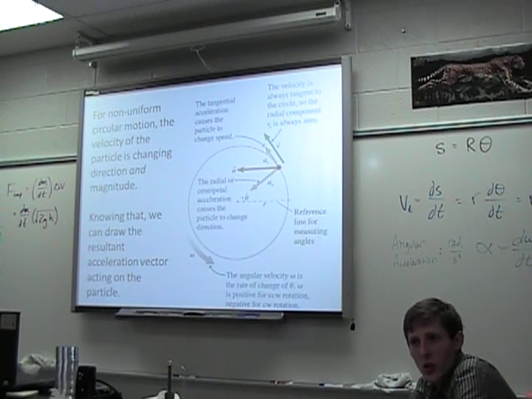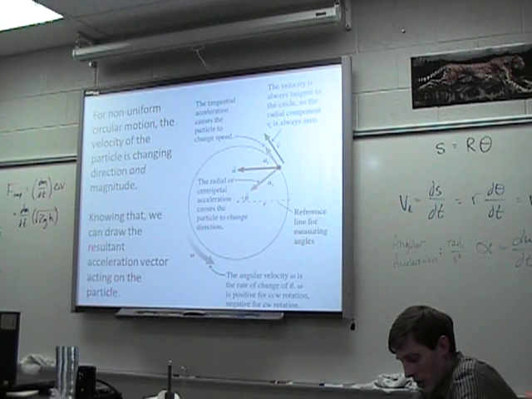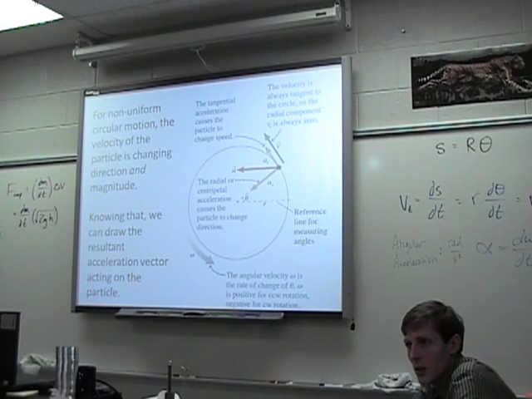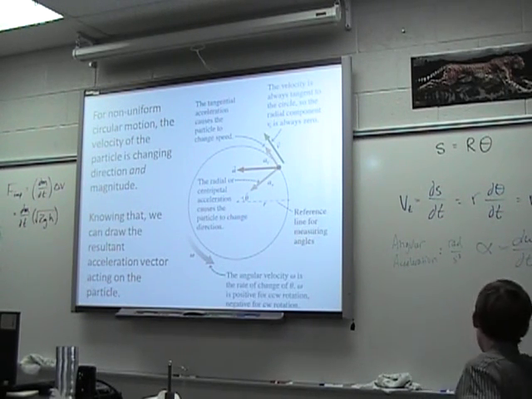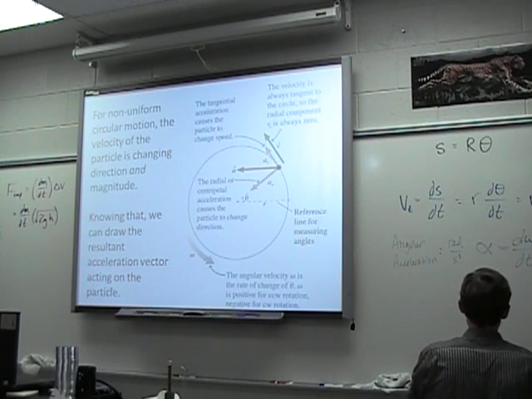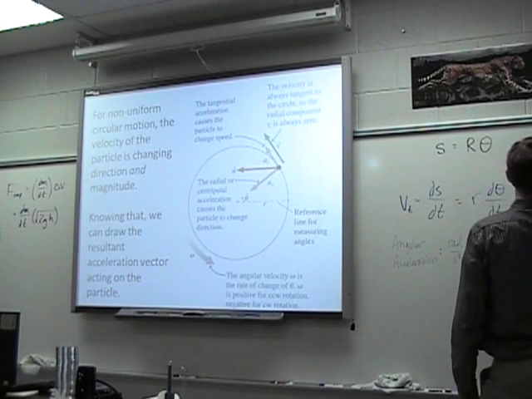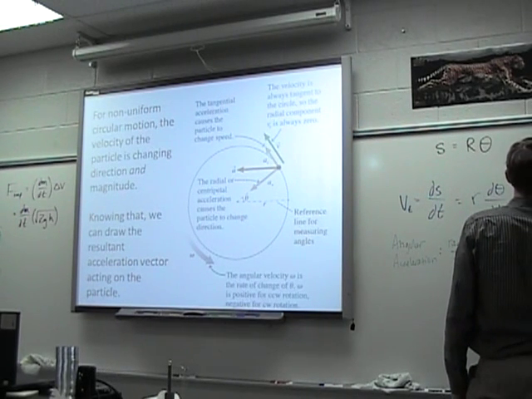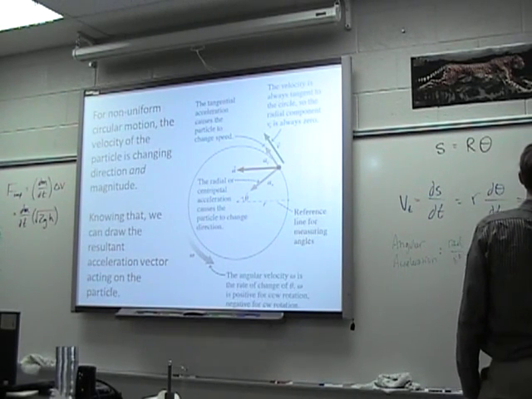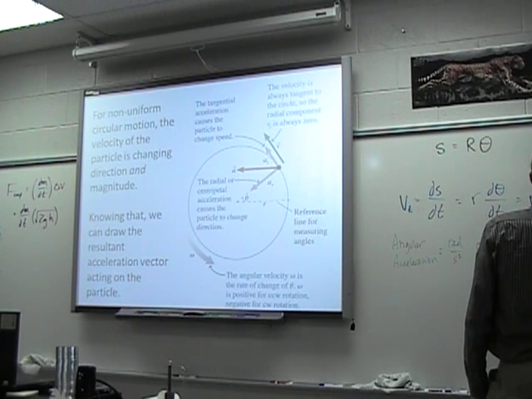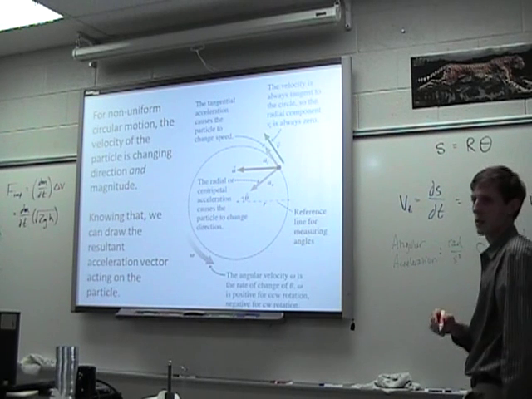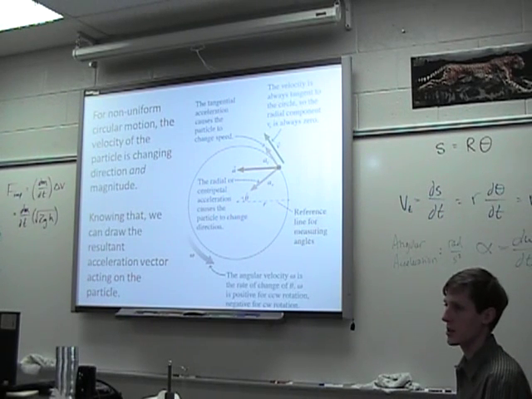Tangential. We have done radial acceleration already in this class. What did we call it? The centripetal. A lot of people come to me later and ask, what is centripetal? Well, centripetal equals radial. Those are the same things. Centripetal acceleration is radial acceleration.